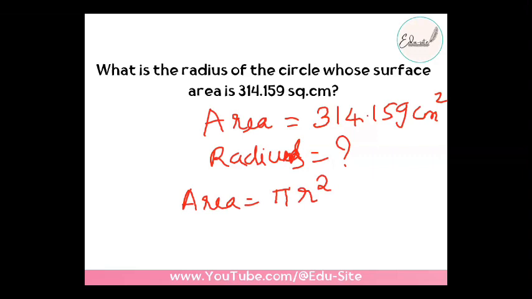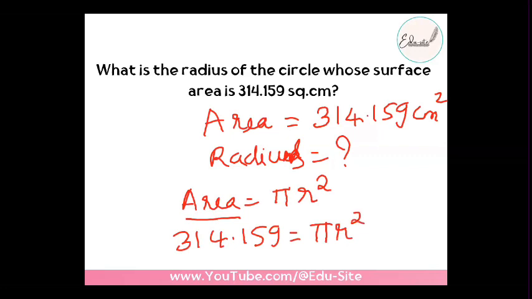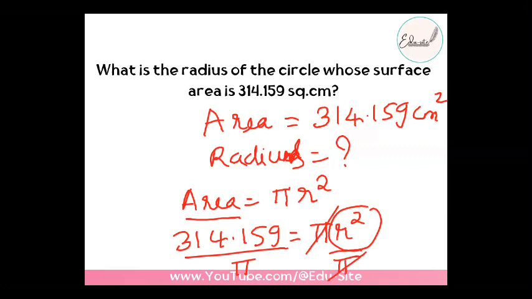But instead of area, can we not write 314.159? Yes, correct. It is equal to pi r squared, right? Now, we just need r squared. Can we not divide both sides by pi? How do we solve such equations? To remove pi, which is attached to r, what would we do?